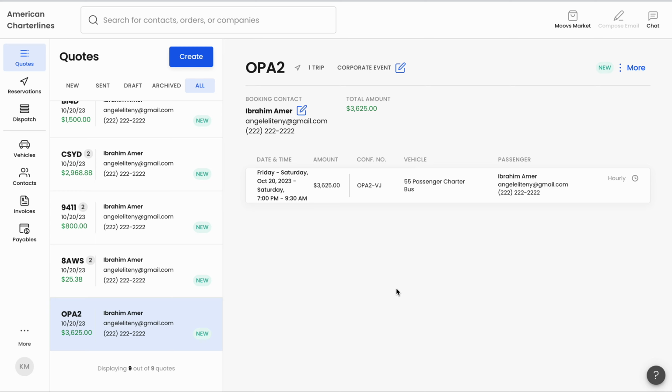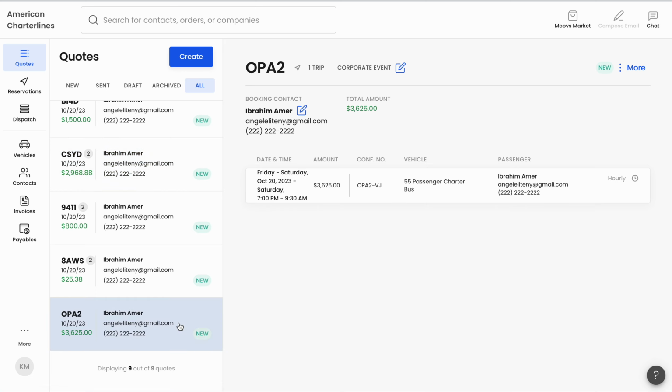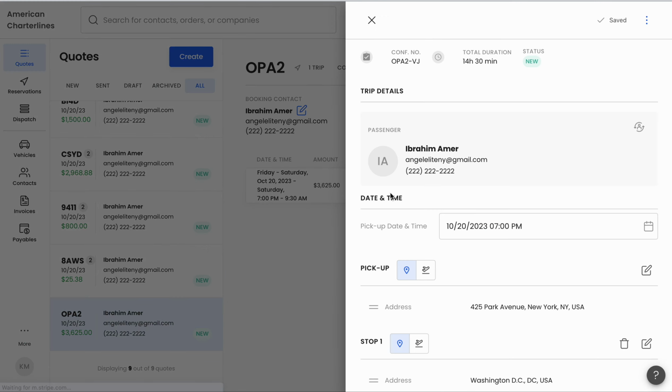And if we take a look at this trip, it is going to be $3,625, which is more money than the round trip that was inputted, right? These two numbers, okay? So now let's take a close look at this trip again, the OPA2. We'll see that this is a 14 and a half hour trip.